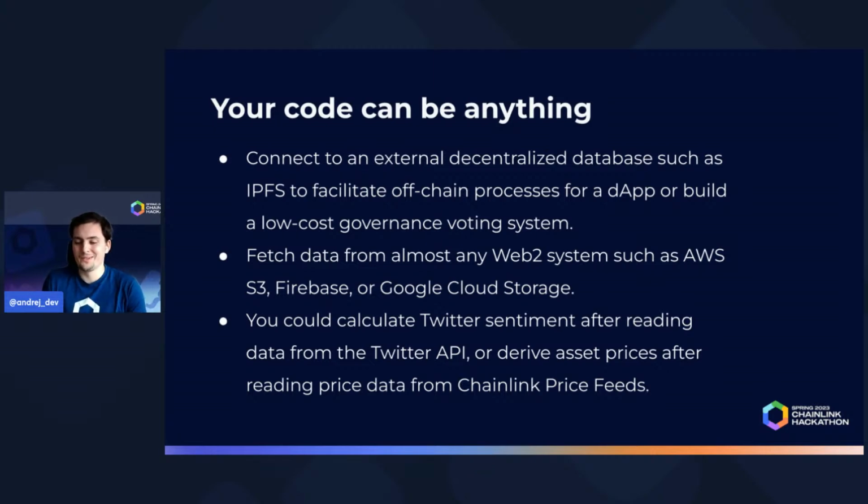AWS, S3, Firebase, Google Cloud Storage, all of these Web2 systems. I'm going to show you now how to connect with AWS, but basically you can connect with all of this stuff. And Twitter API, and then again, another example of what you can do with Twitter API endpoints. But it's totally up to you and your creativity what you're going to build.